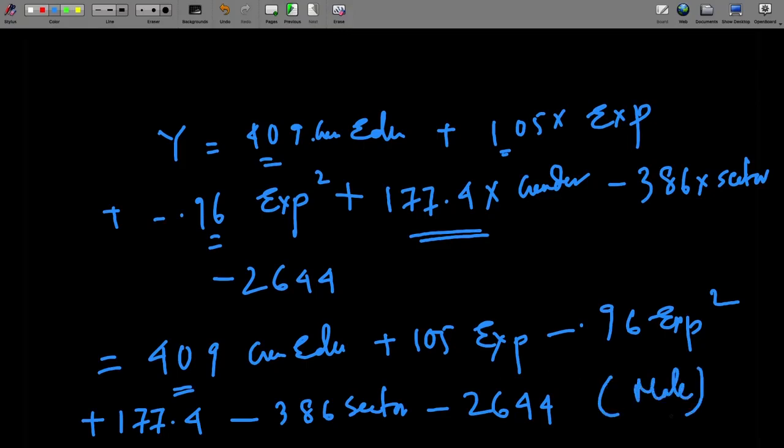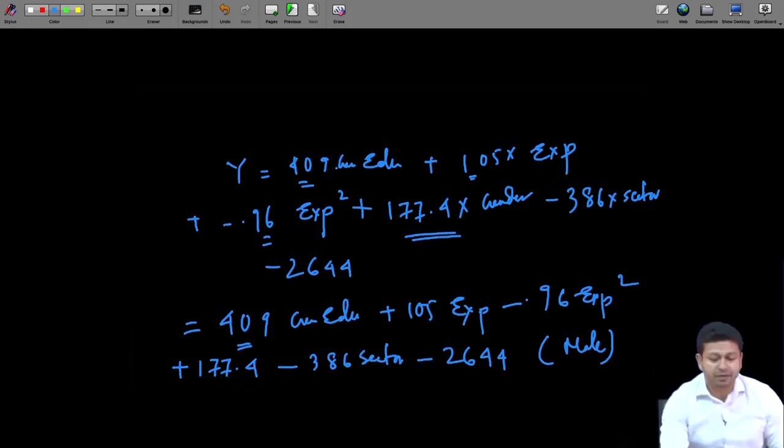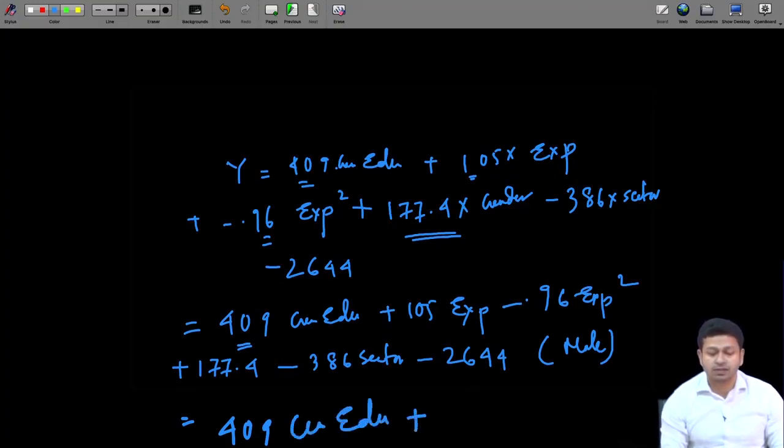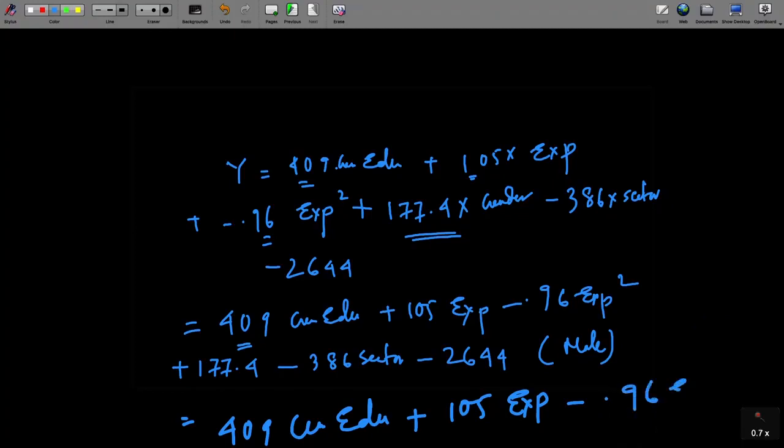And what will happen for females? The same thing, just that you will not include this part. So it is 409 general education plus 105 experience minus 0.96 experience square, and then you do not include the value 177.4 because here your gender term is nothing but 0.